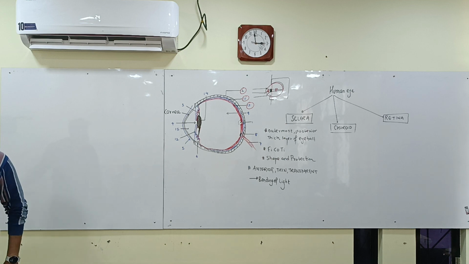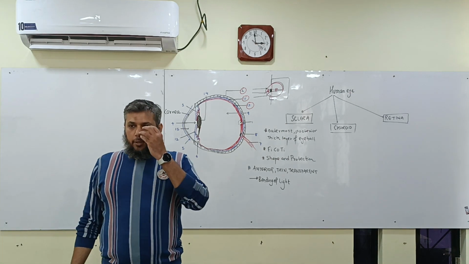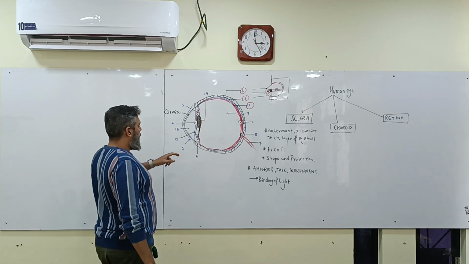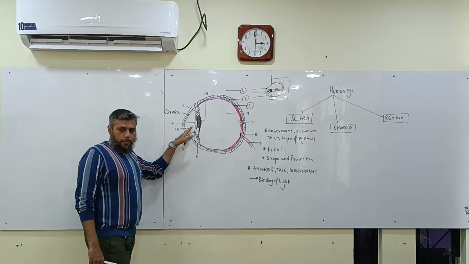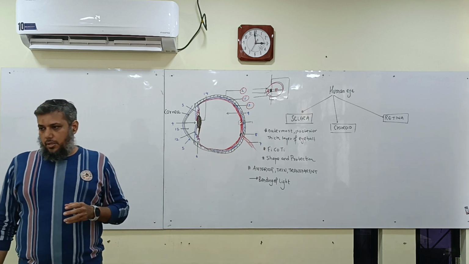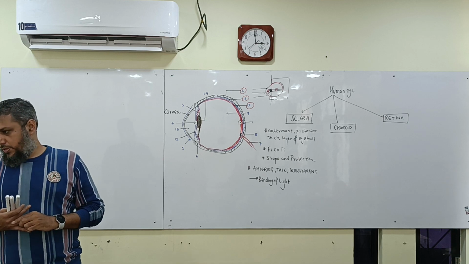Then where does the cornea get its nourishment from? Partly from the atmosphere it gets the oxygen, and partly from a liquid that is behind. I'll tell you what that is. That is why even after a person dies, you can still transplant the cornea within a few hours.